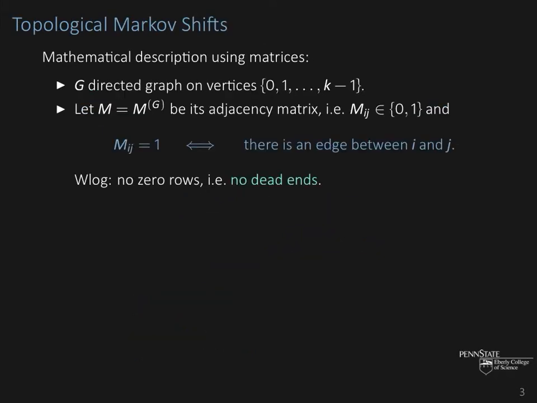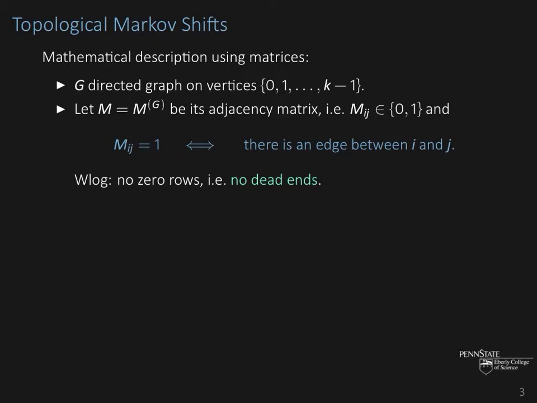Mathematically, a Markov shift can be described using matrices, namely the adjacency matrix. So we start with a directed graph on vertices 0 to k-1. The vertices of the graph always correspond to the underlying alphabet.